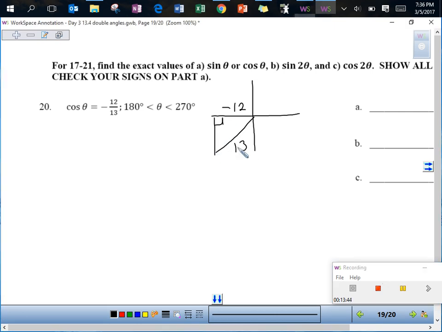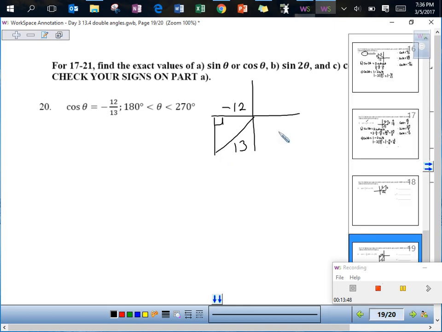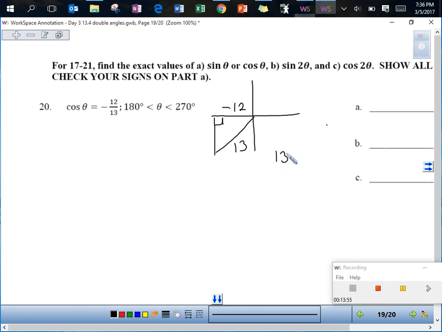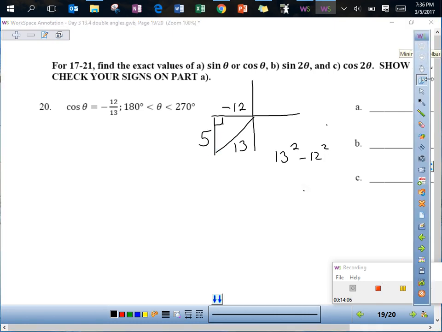To get this other side, here's my hypotenuse, so I'm going to go 13 squared minus 12 squared. Whatever that is, I'm going to square root it and get a 5 right there.